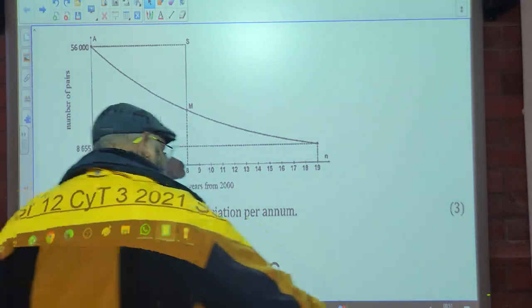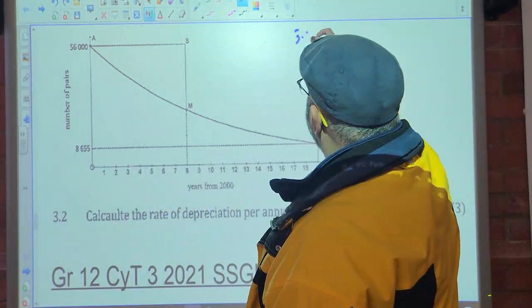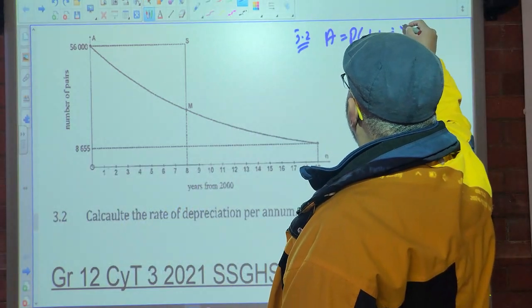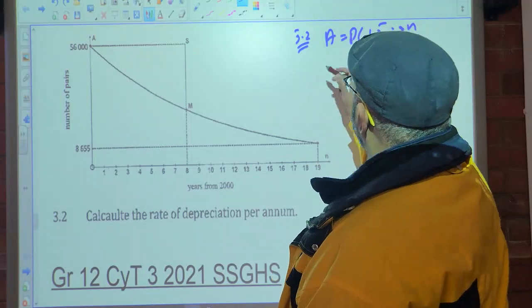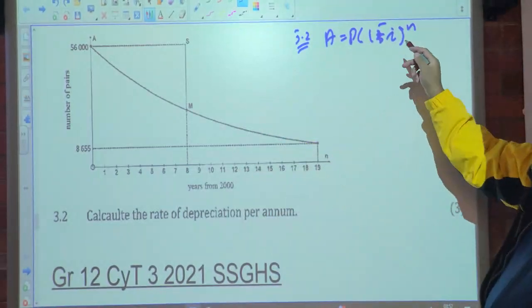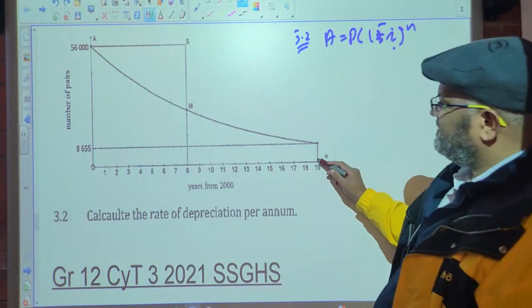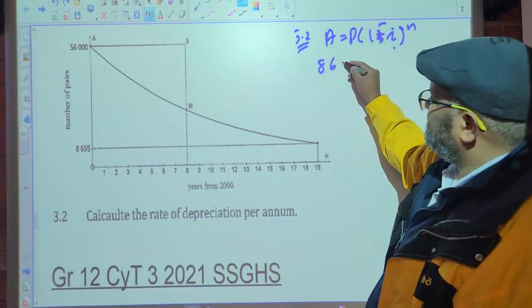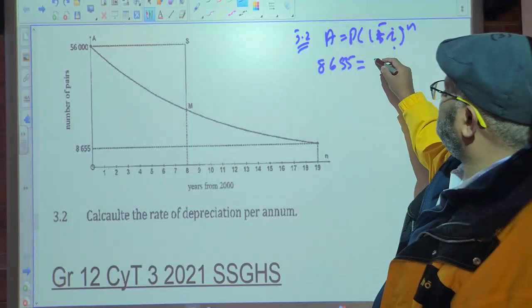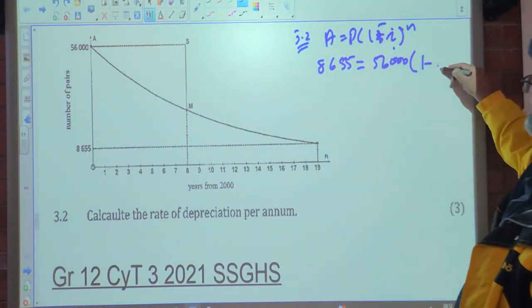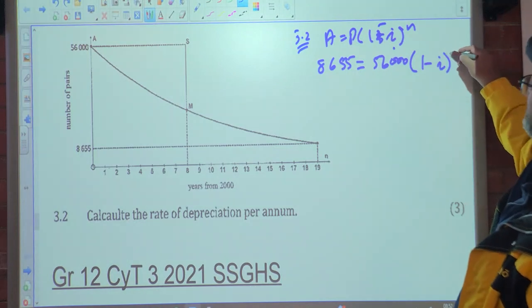So how do we calculate depreciation? We said it's diminishing balance. So it's going to be A is equal to P into 1 plus i to the exponent n, actually minus. So what we want you to calculate is basically an i value. So the ending amount, 8655, is equal to the starting amount, 56,000, into 1 minus i to the exponent 19.